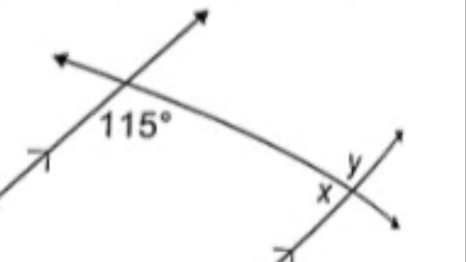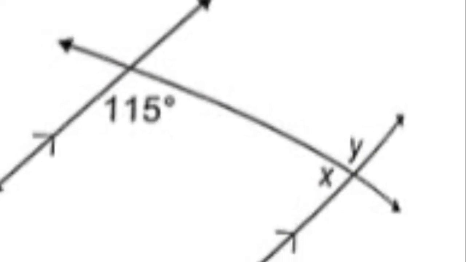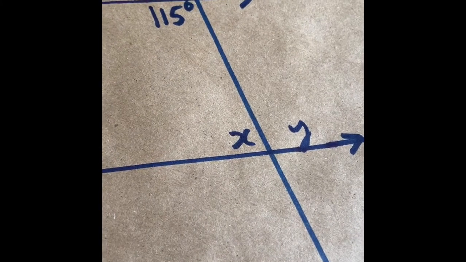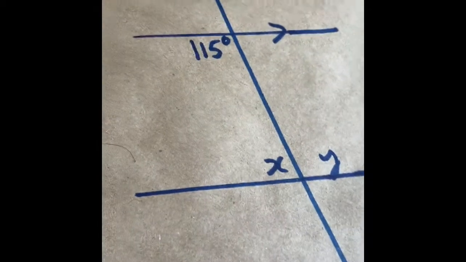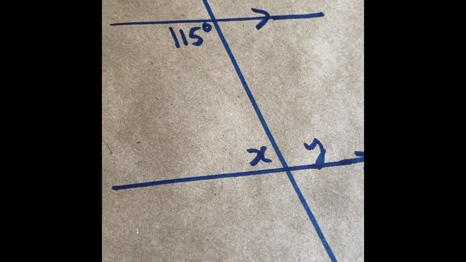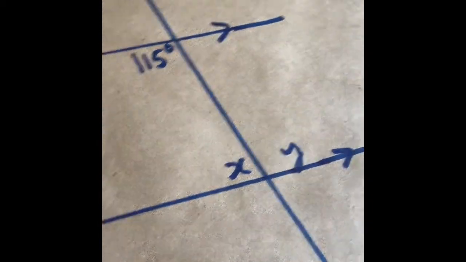Here's the question that we're going to do together, and we're going to go back to the parallel lines and transversal we were using before to help us solve it. So here we have 115. Let's see where that would be located on our original parallel lines and transversal.